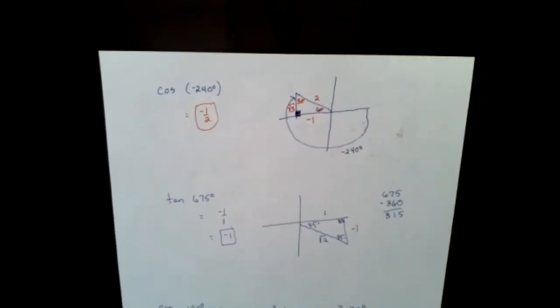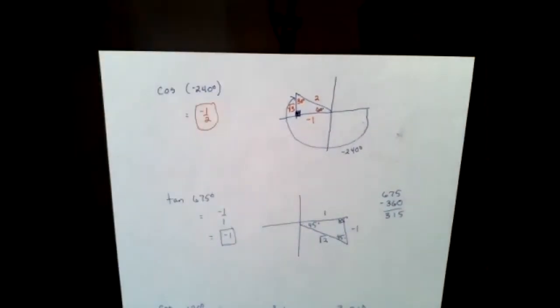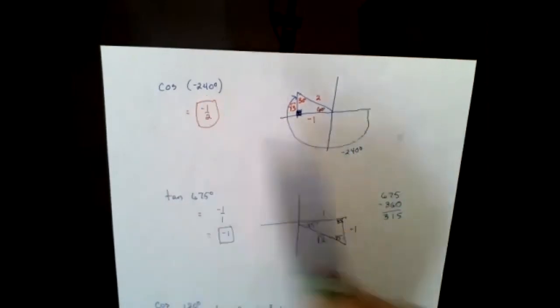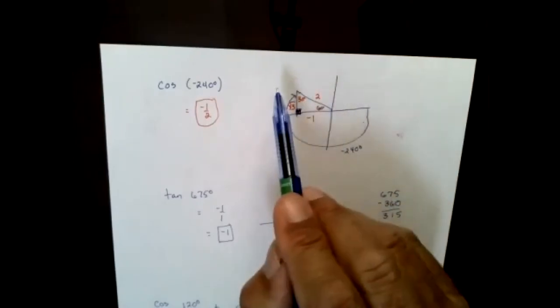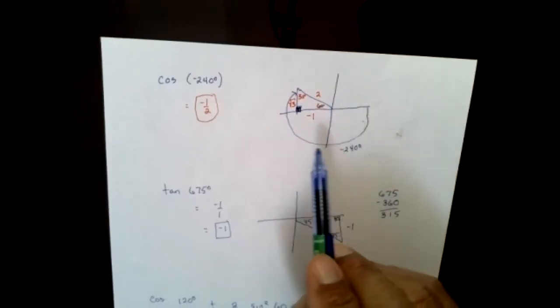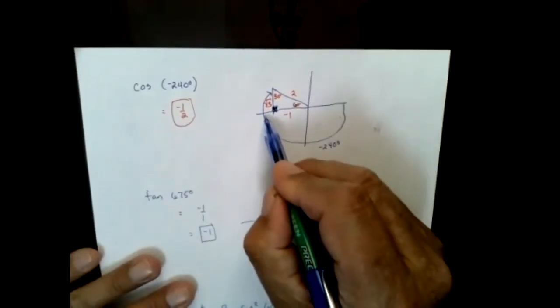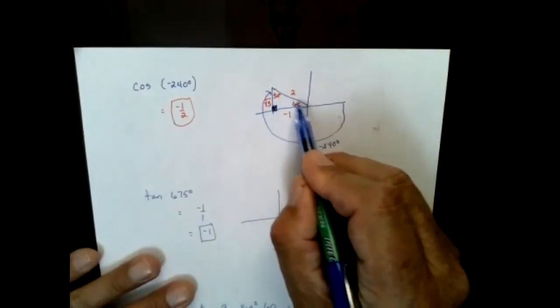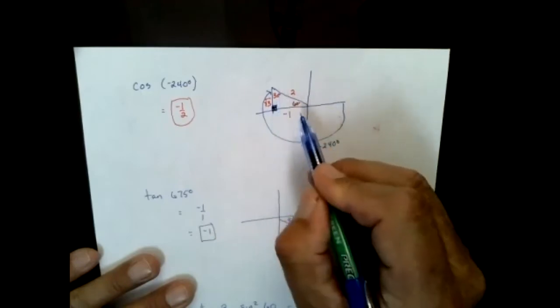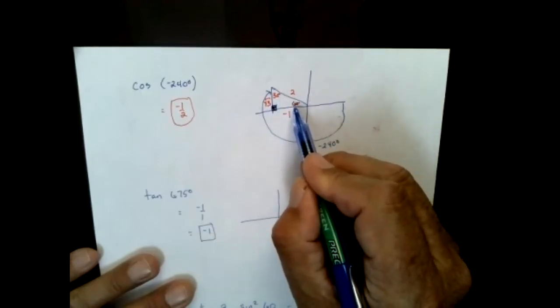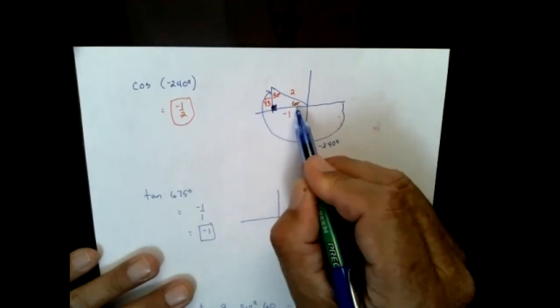Let's see, cosine of negative 240. Hopefully you took a look at that and said, wait, for negative 240, instead of going this direction, I have to go this direction. I cruise along and get all the way to here, my terminal side. I create my reference angle, that's 60 degrees to get back to 180.